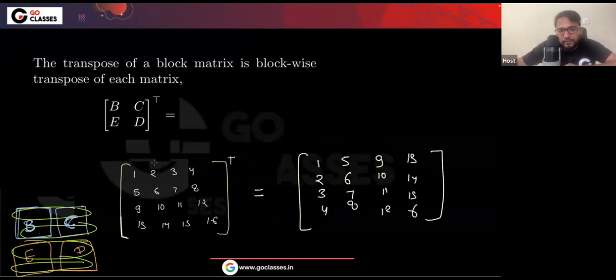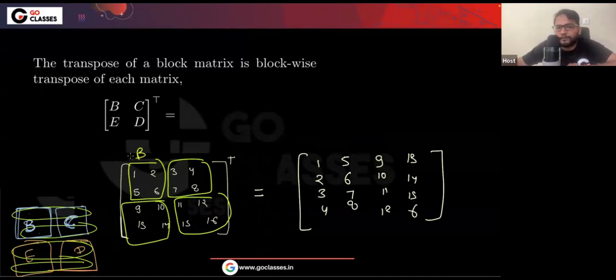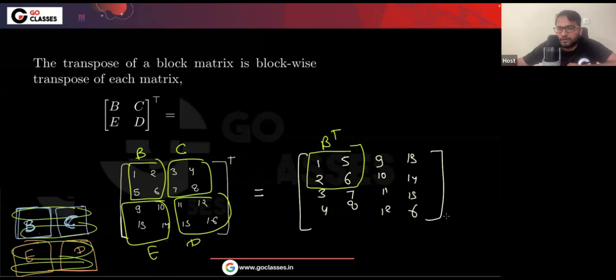Now, wherever this is B, this is C, this is D, this is E. So what happened to B? Isn't it B transpose? Check it. If this is B, then isn't it B transpose? If this is C, and this is D, this is E, then where is C transpose?